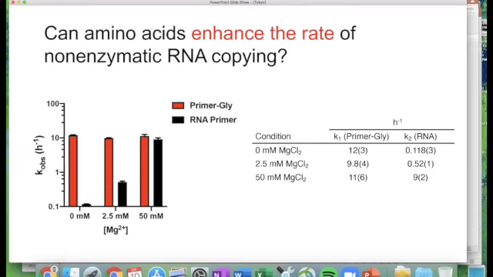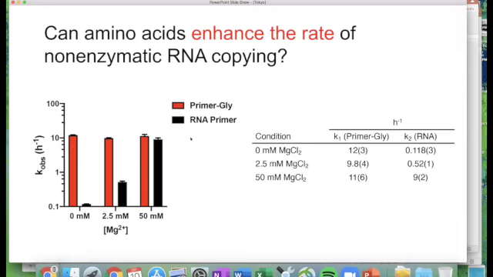As you can see, at 50 millimolar magnesium, the rates are very similar. However, as expected, the rate of the native RNA reaction drops dramatically as you decrease the amount of magnesium ions. In contrast, the amino acylated RNA retains the same high rate of extension, even in the total absence of magnesium ions.